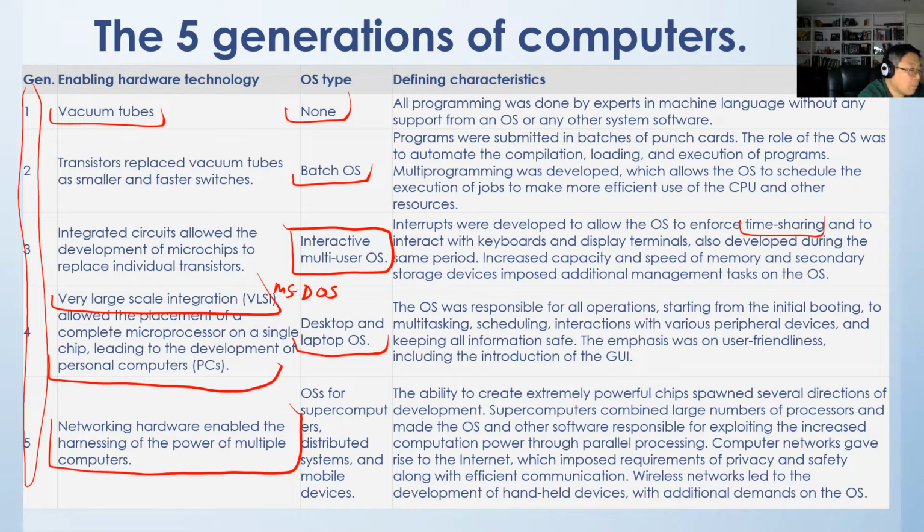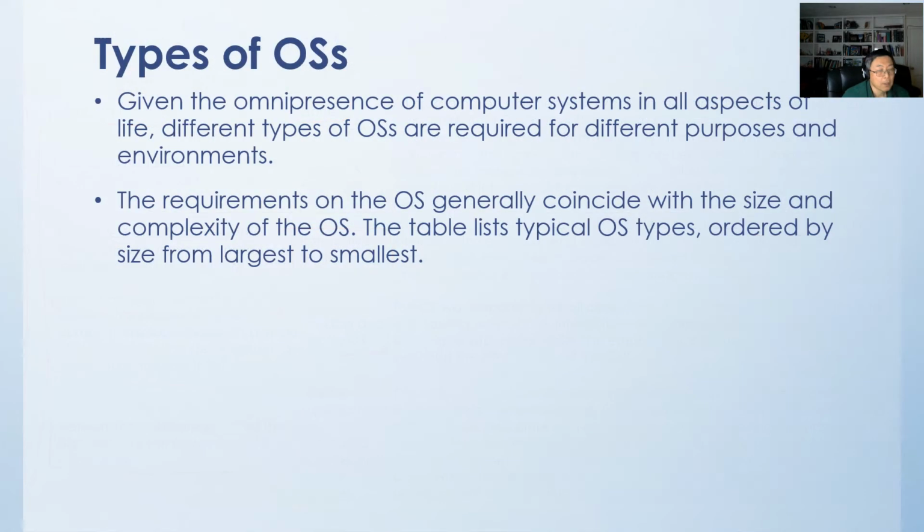basically represented the different technology at the time. So if you look at the history of computer systems, you will find out that the operating systems are closely related to the technologies at the time. Different types of operating systems are required for different purposes and environments.